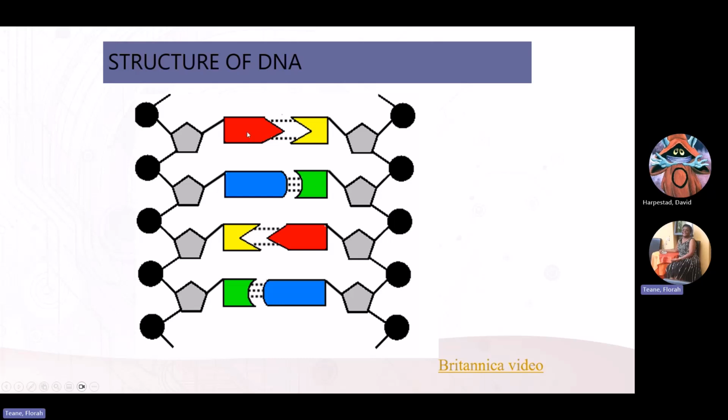Guanine will always match with cytosine, and thymine will always match with adenine.